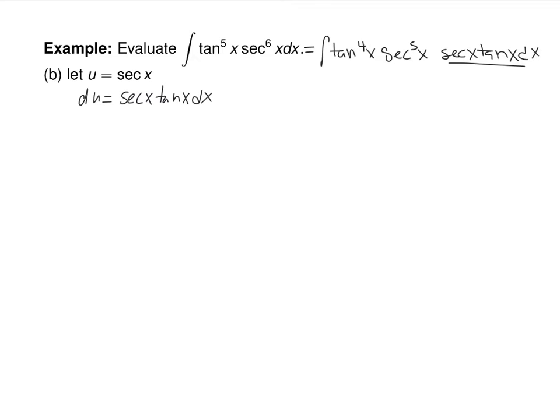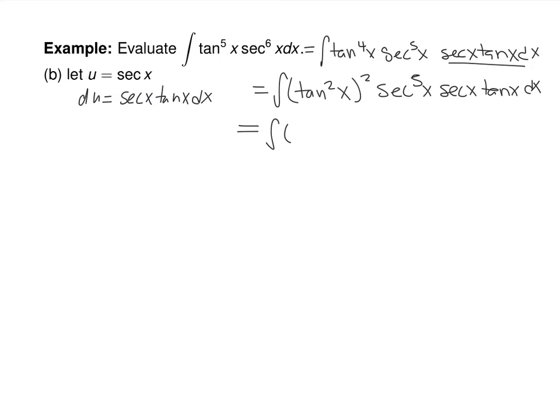The stuff on the end is getting saved, and the tangents have to change into secant so we can substitute. So we have tangent squared x, that quantity squared, and tangent squared is equal to secant squared of x minus 1. So you have the integral of secant squared x minus 1, that's squared, secant to the fifth x.